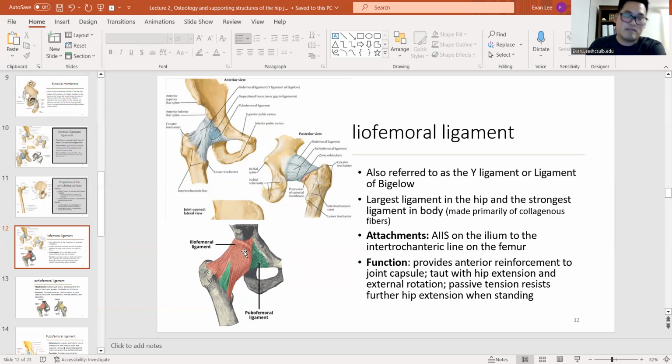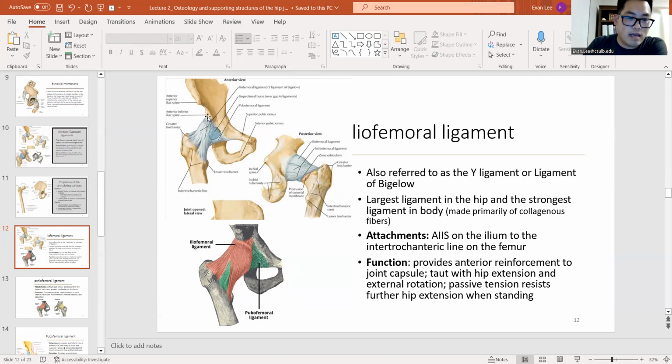Now, once again, just to remind yourself, where is the ilium in the coxal bone? The ilium is going to be a little bit higher. It's going to be the large fan part. And if you look closely, there is this part on the back of the ilium, right over here. Or sorry, no, the front of the ilium in this case, because you can see the pubis.